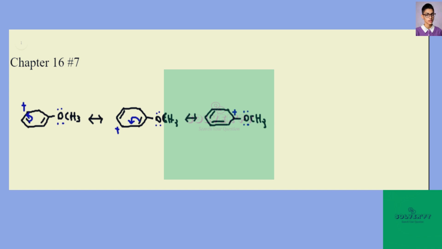And so lastly, we can have one of the lone pairs from this oxygen add in there. And that is going to give us this resonance structure. And so we now have a double bond here.